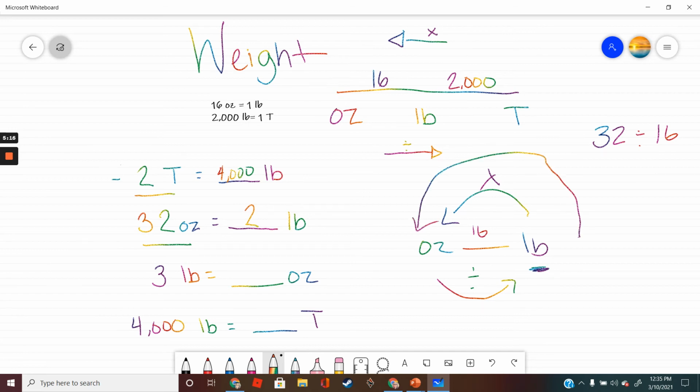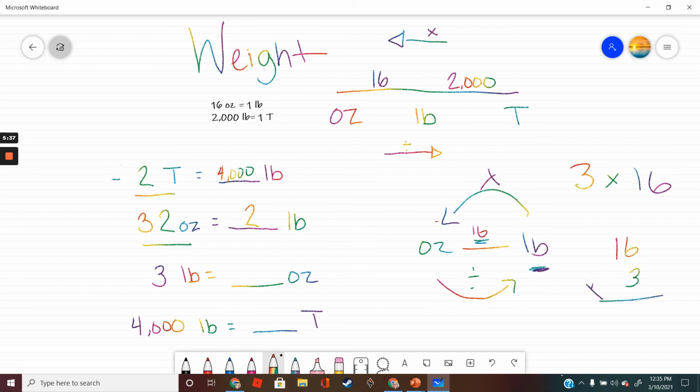Once we do that, it becomes a multiplication problem, yes? Yes. All right. So what we need to do is take the number that they give us, which is 3, and multiply by the number that's given, 16. 3 times 16. You guys may use your calculator. I'm going to come up with 48 ounces.